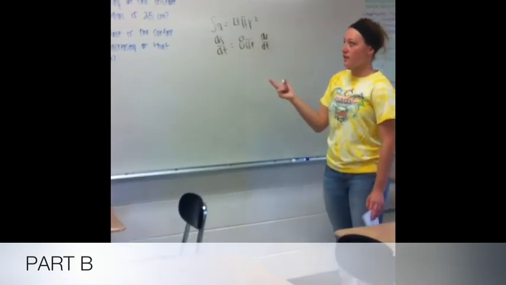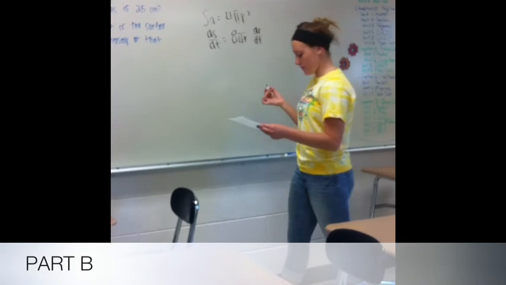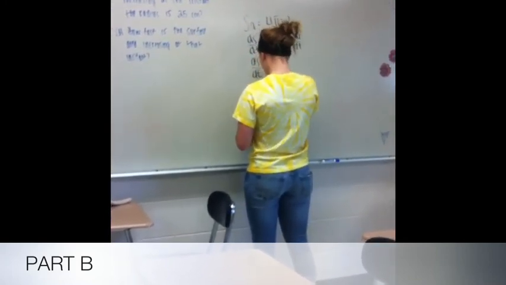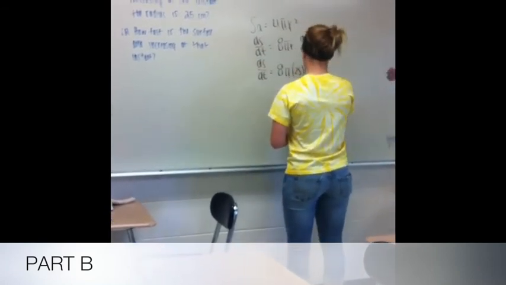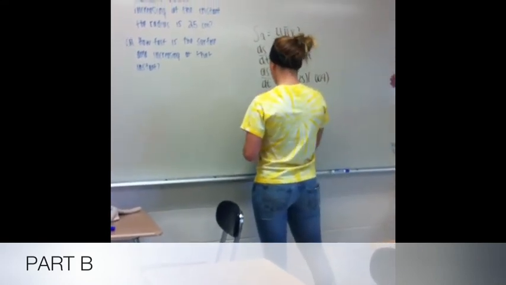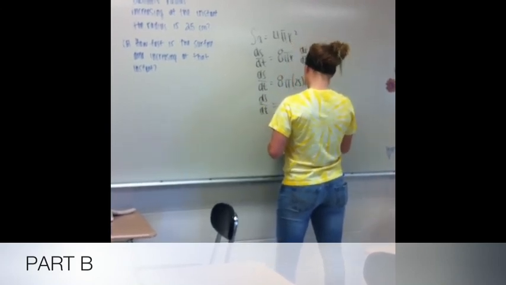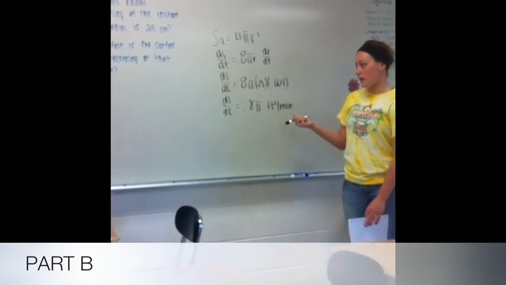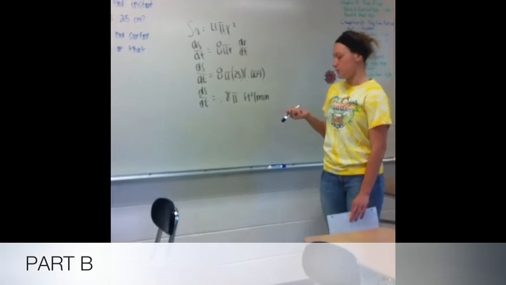You already know your r is 25, and you found dr/dt in part A, so you just want to plug the numbers in. So when you plug the numbers in, you get dS/dt equals 0.85 square centimeters per minute.